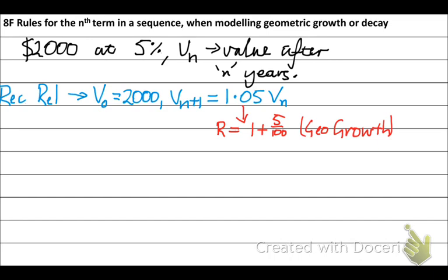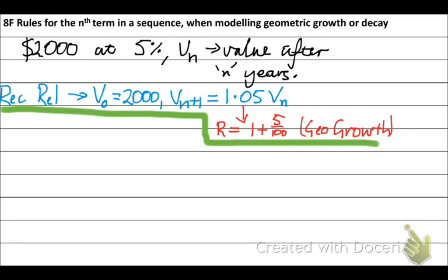Okay, so that's what we know so far. If we map out the sequence, it looks a bit like this. As a sequence, V of 0 is equal to $2,000.